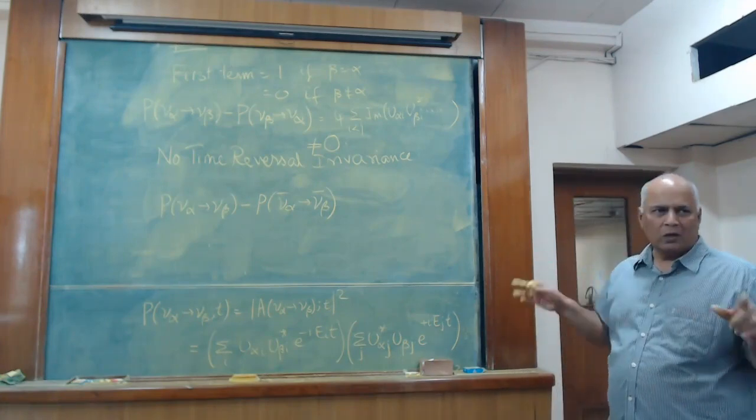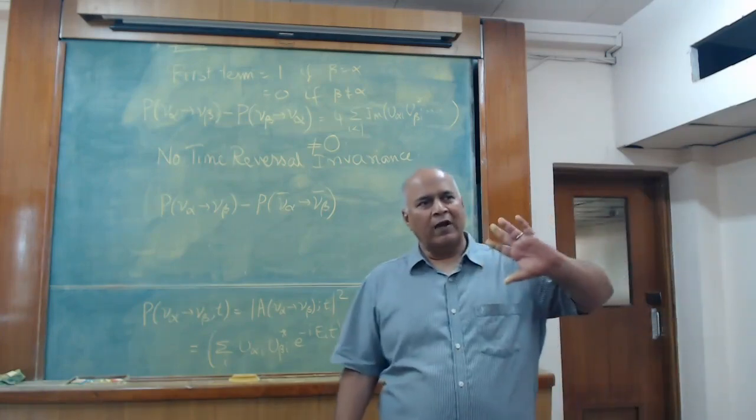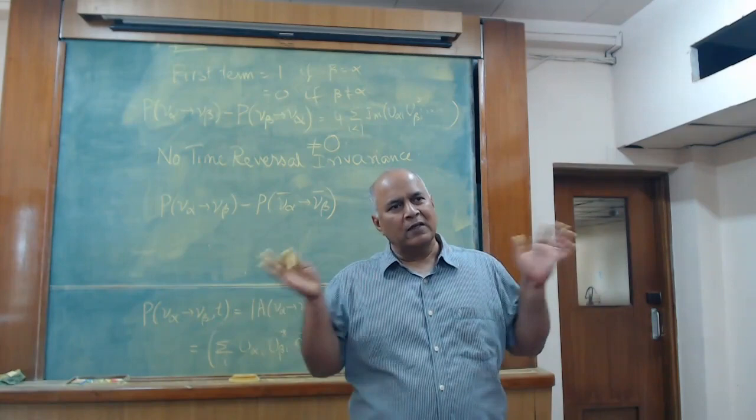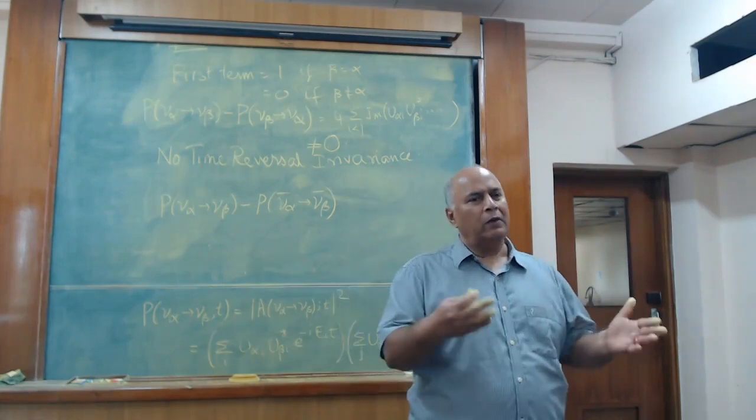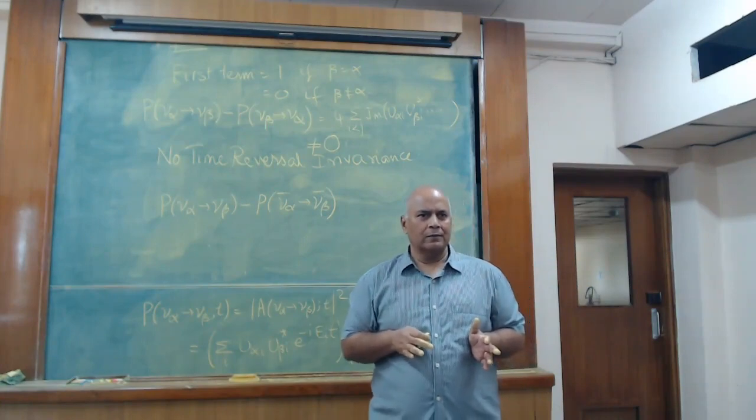Now, based on the way I have written the mixing matrix, if I take the mixing of antineutrinos, then I have to take the complex conjugates of the mixing matrix.